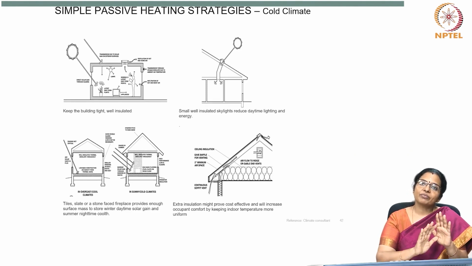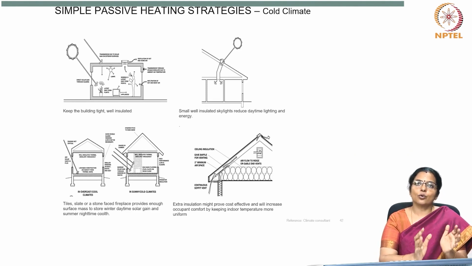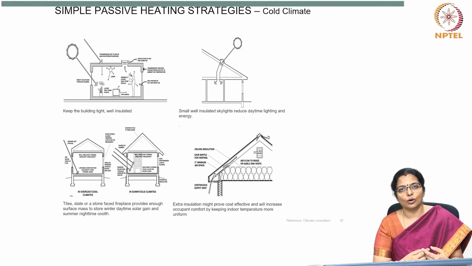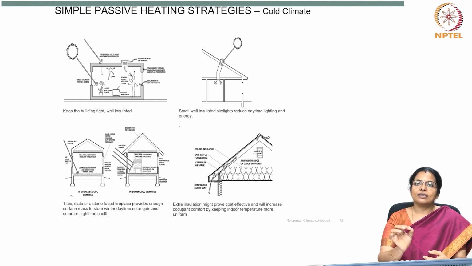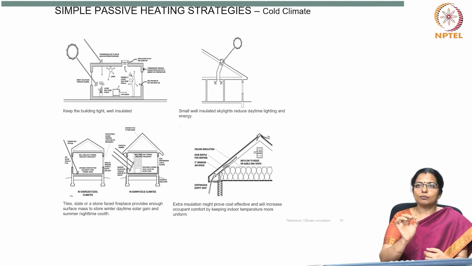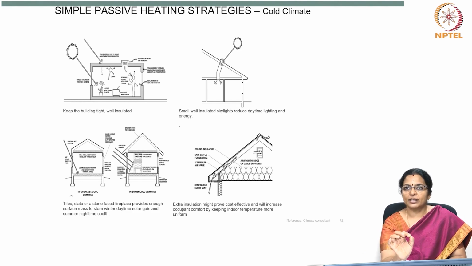And we have also shown how for various climate types, simple passive strategies can be used and adopted in the form of orientation or how we place windows, how we place openings and so on. We will end this class with a glimpse of a small case study where simple passive strategy has been adopted.